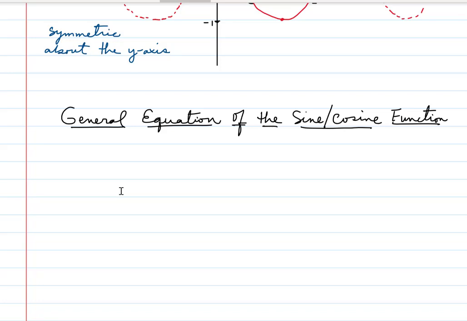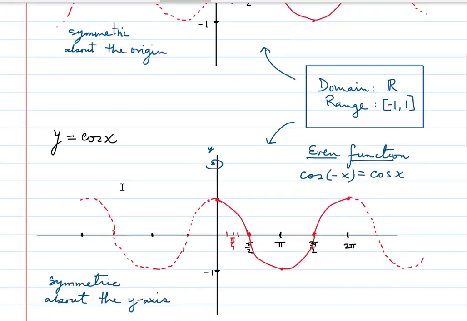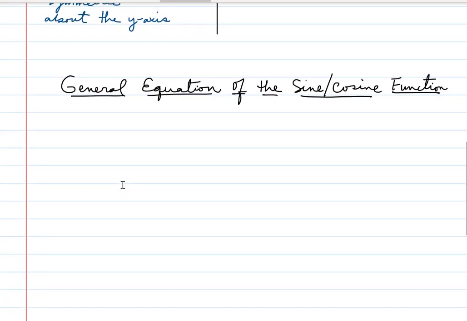Because they're so similar, and we've already seen what their graphs look like, and we know that these are functions, we can apply all the transformations that we typically apply to functions.